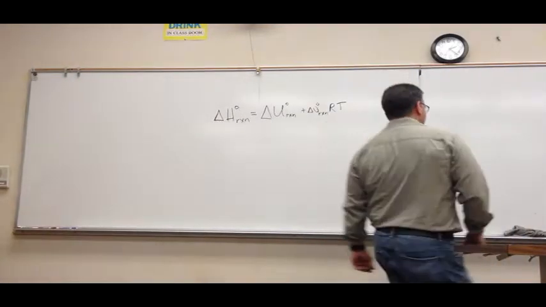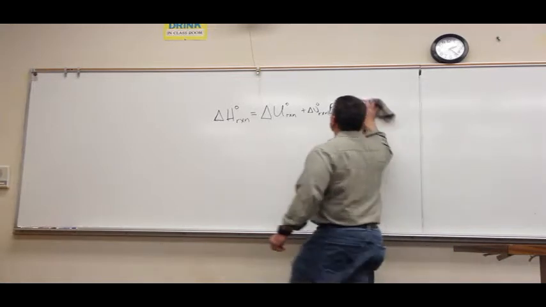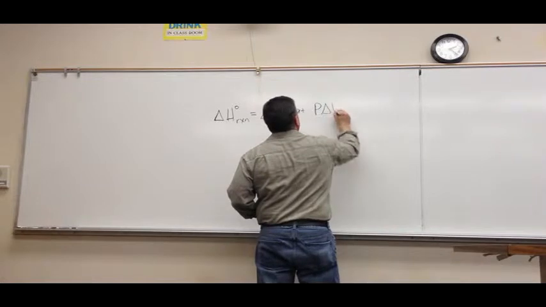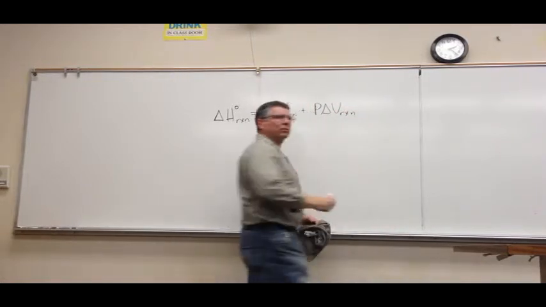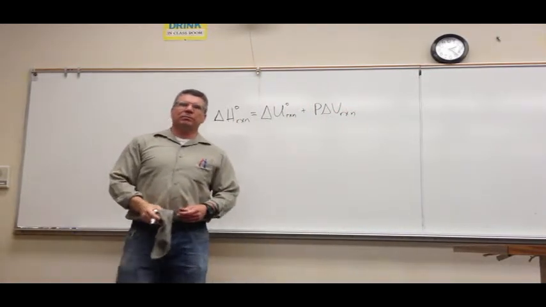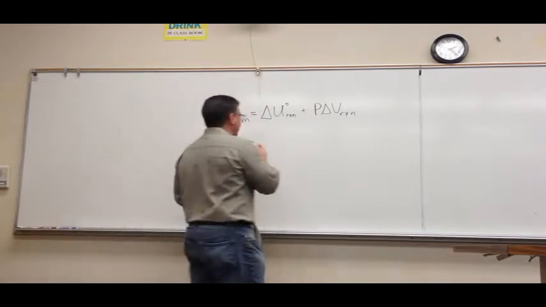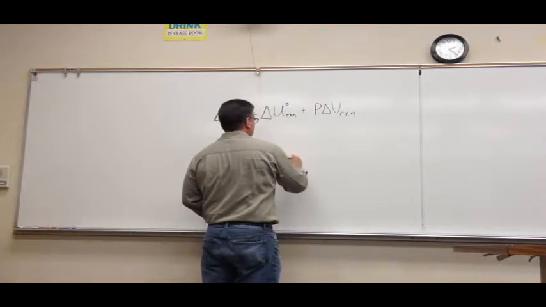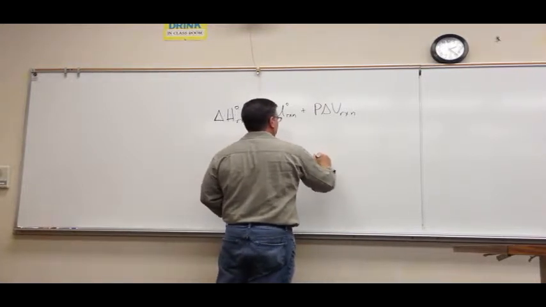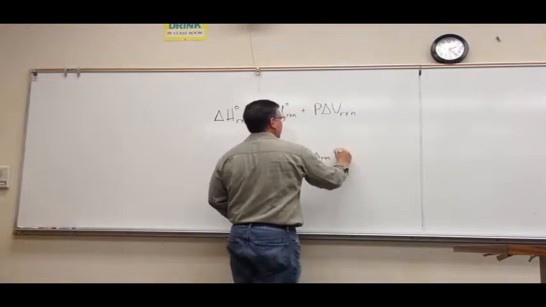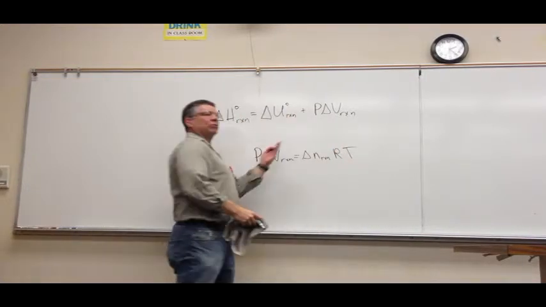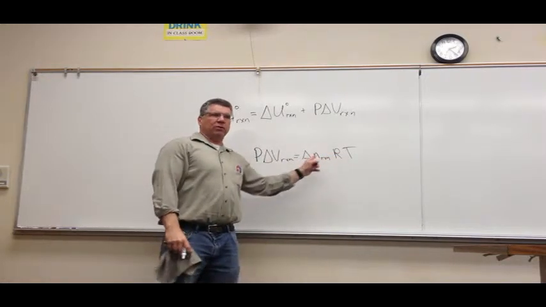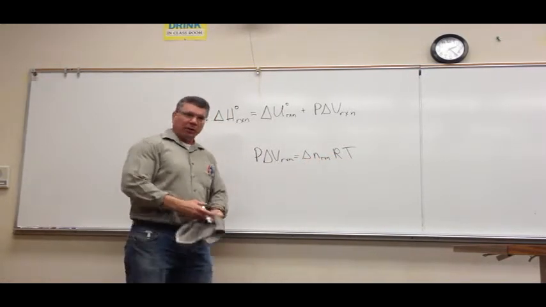Well, okay. Where I started from was, does that look familiar? Delta V. And I showed you that PV equals nRT basically, right? Pressure's constant, the volume's changing, temperature's constant, number of moles is changing, right?